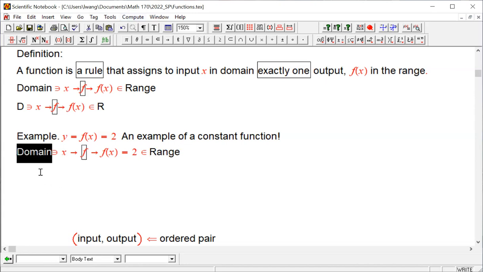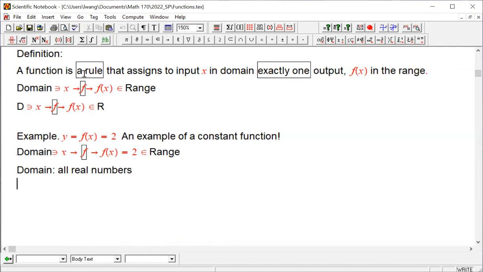That's right. The domain will be all real numbers. And the range, what is the range? No matter what the input is, the output is always 2.